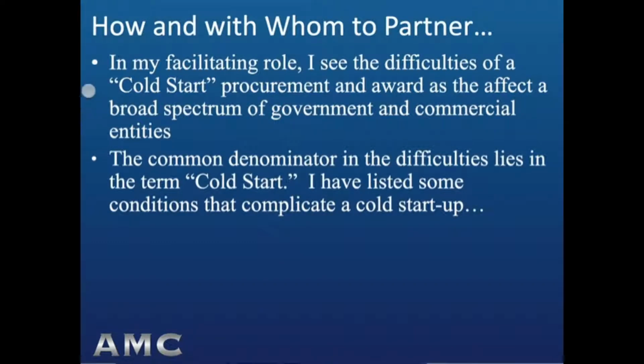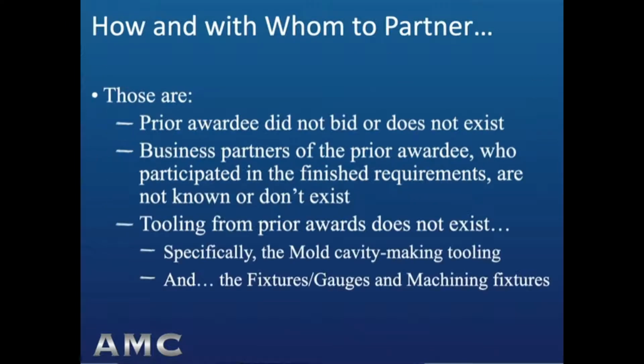In my role, I see the difficulties of cold start procurements as they affect both government and business. The common denominator in those difficulties lies in the term cold start. I have listed some conditions that complicate a cold startup, and those would include, first, when a prior manufacturer did not bid or they're out of business.